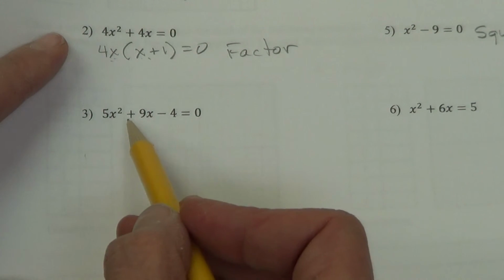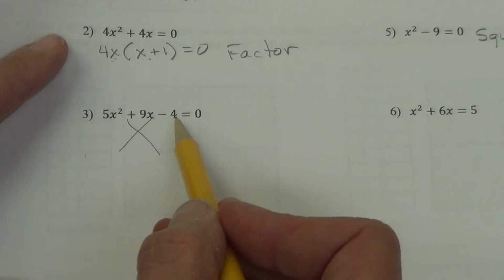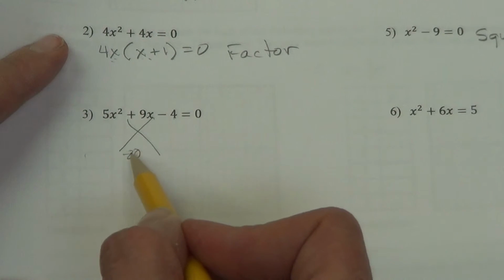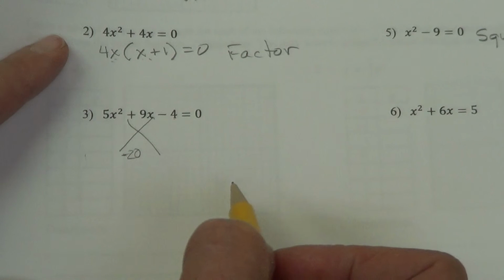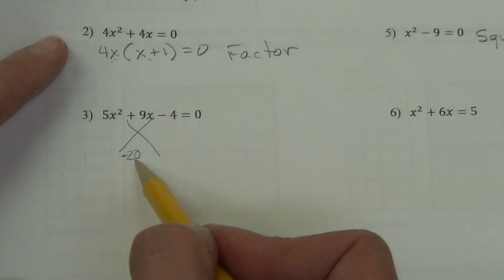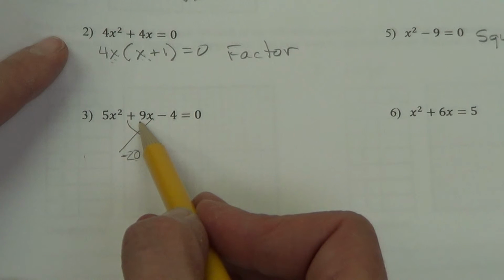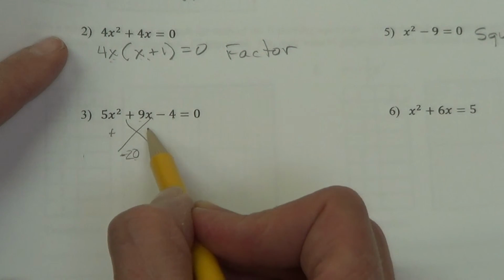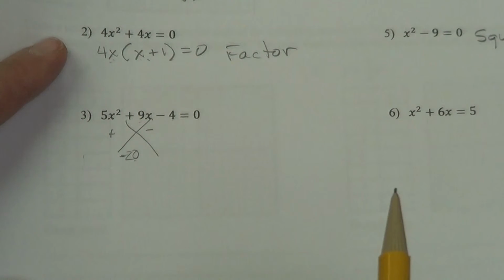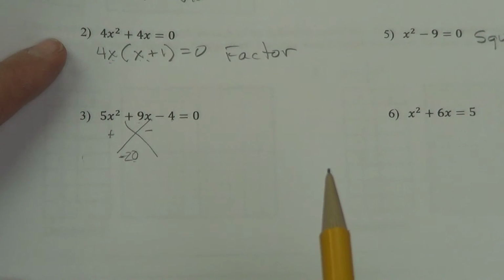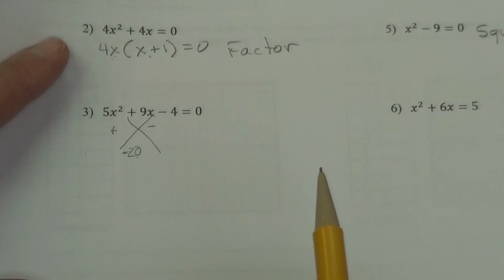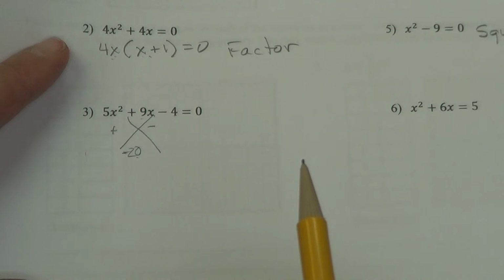On this one, we'd have to play the x game. We have negative 4 times 5 is negative 20. What two numbers multiply to be negative 20 and add to be 9? Actually, they would have to have opposite signs because they're multiplying to be a negative, so they would have to subtract to be 9.